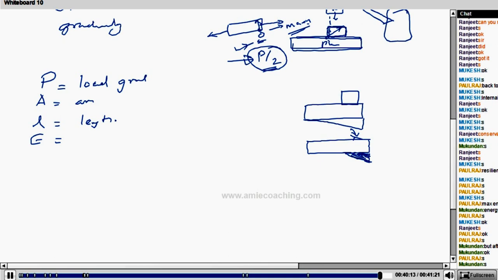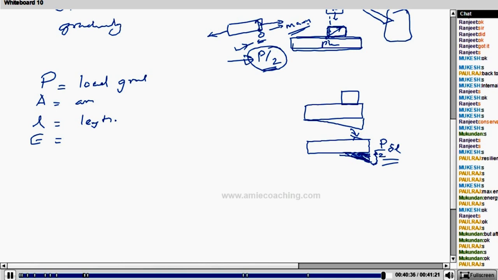The average energy stored will be half of the load applied, because it starts from 0 up to the total deflection, delta L. That will be the total work done. E is the elasticity, delta L is the deformation, U is the strain energy. So we are going to find out the U.